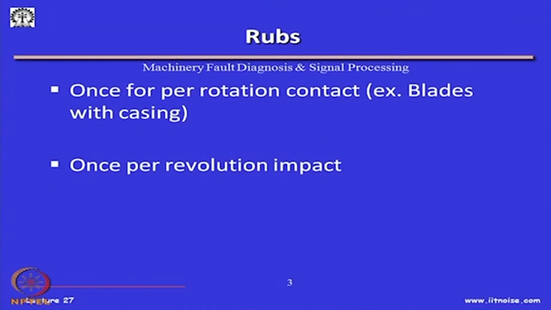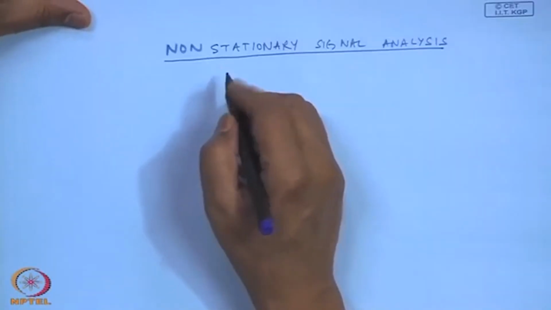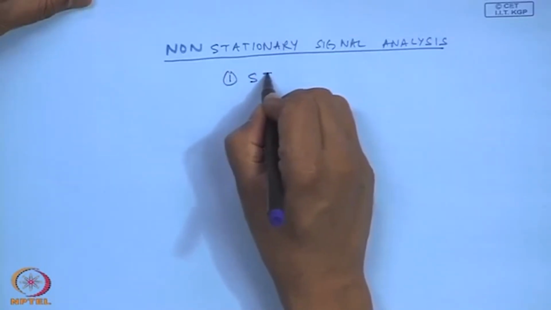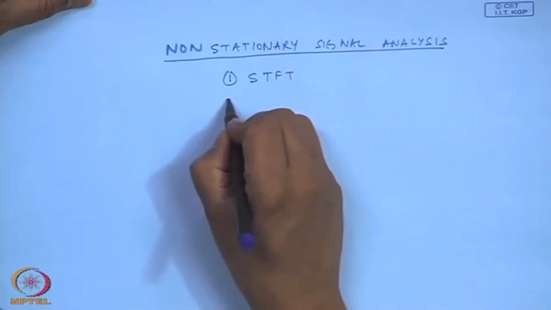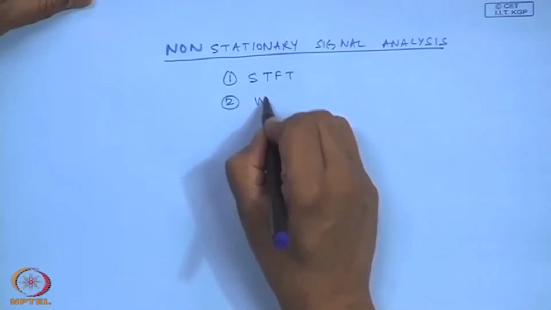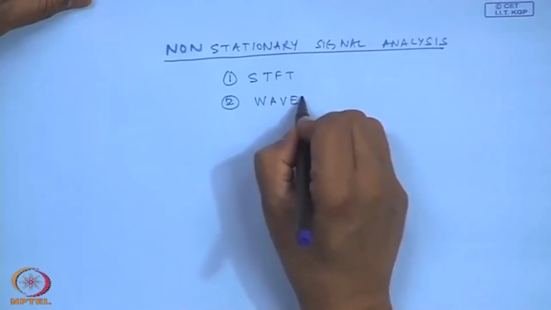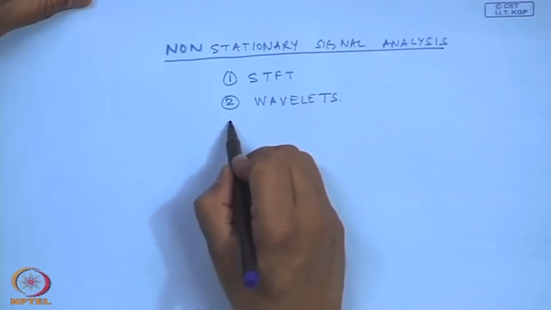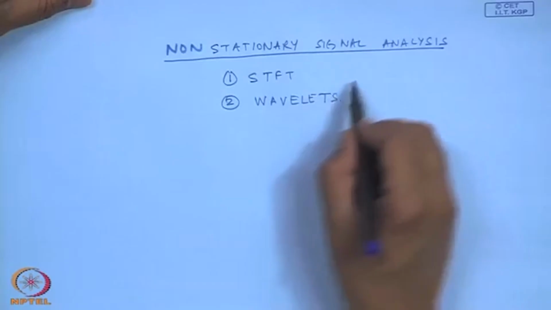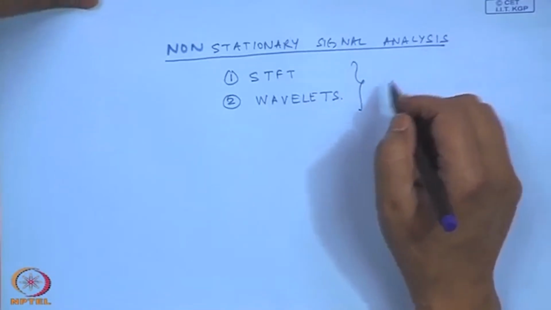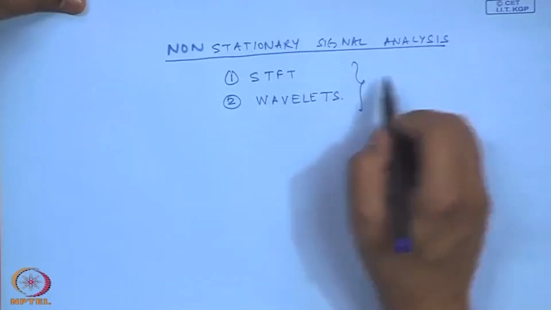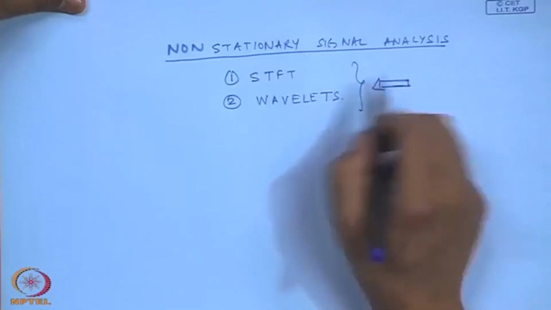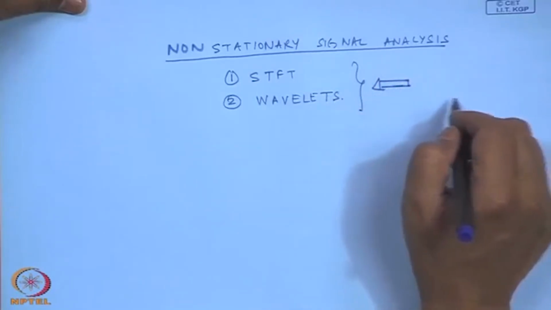Before coming to rub, I will conclude this. In non-stationary signal analysis, we can do what is known as the STFT, and I can do what is known as wavelets. These are the two important techniques which can be used to find out looseness, though in this course, being a very basic course, I will not go into the details of STFT and wavelets.